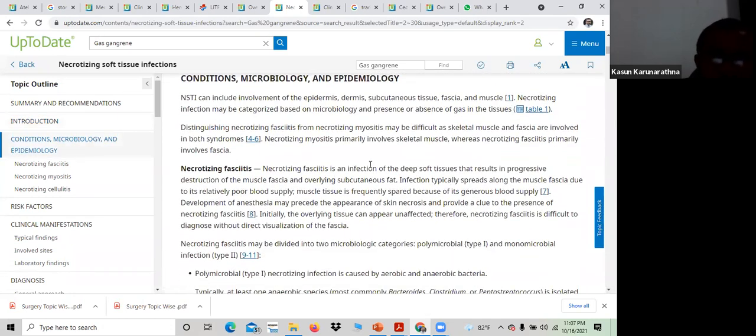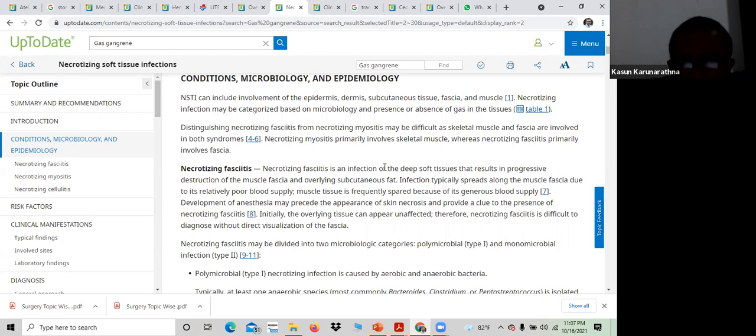Necrotizing fasciitis is an infection of deep tissue, right? It progressively destroys the fascia of the muscle, right? First, it involves the deep fascia of the muscle, and the deep fascia will be necrosed. And later, it involves the muscles as well.